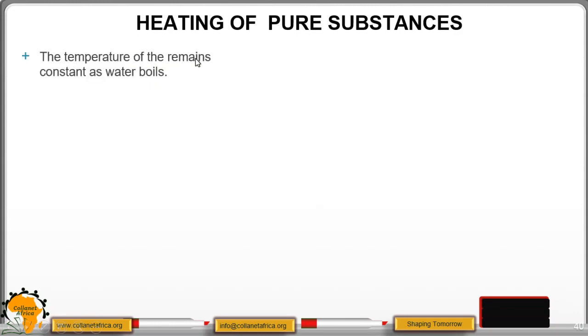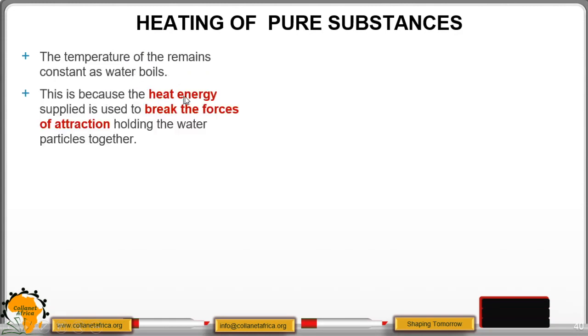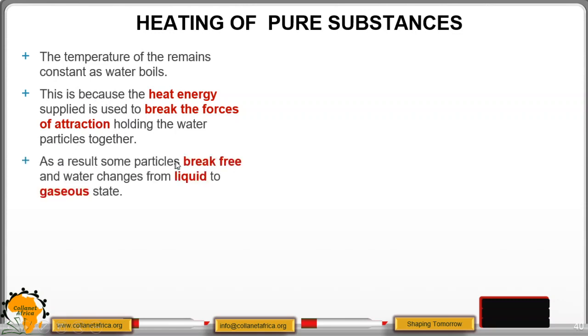The temperature remains constant as water boils. This is because the heat energy supplied is used to break the forces holding the water particles together. So when the forces are being broken, a temperature rise is not experienced. As a result, some particles break free and water changes from liquid to gaseous state.